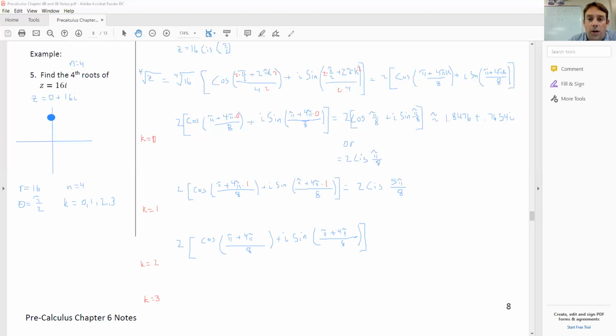So we're going to multiply it by 2. You can see 4 times 2 is 8 pi plus 1 is 9 pi, so it ends up being 9 pi over 8. Again, these aren't on the unit circle, so I'm just going to leave them in the cis form. I could move it out if I wanted to, but again, no reason to. All right, and then we have our last one.